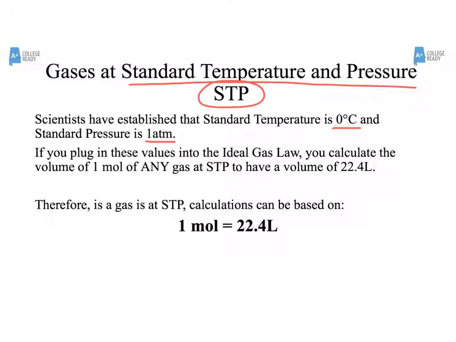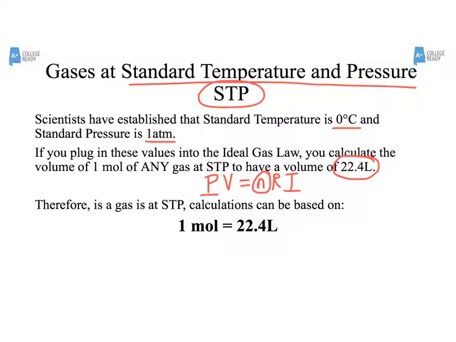Because if you plugged in pressure and took the volume and plugged it into PV equals nRT, if we were to rearrange this and plug in 1 mole right here, plug in 0 degrees Celsius or 273 Kelvin and 1 atm, you would find that calculates out to a volume of 22.4 liters. So to make our life easier, we just use this number.